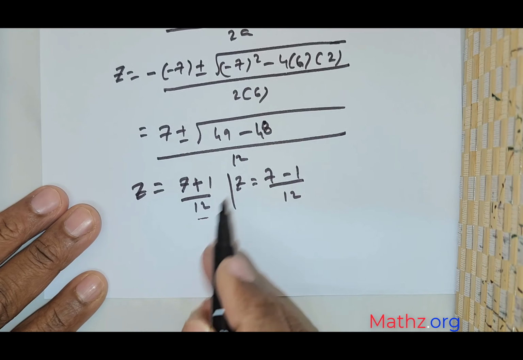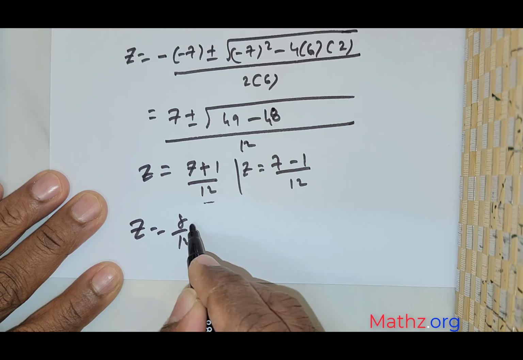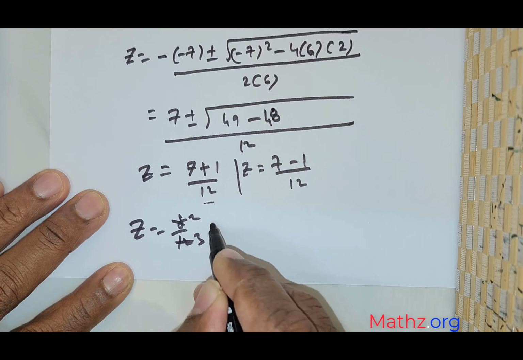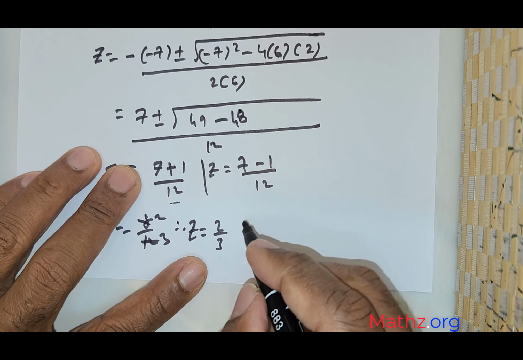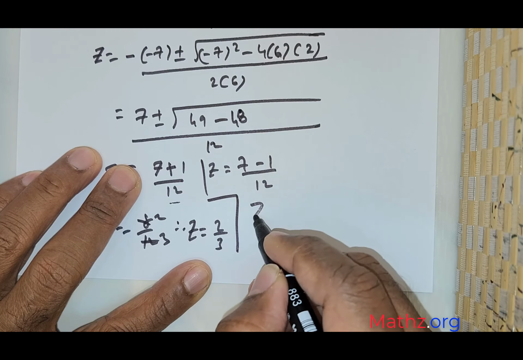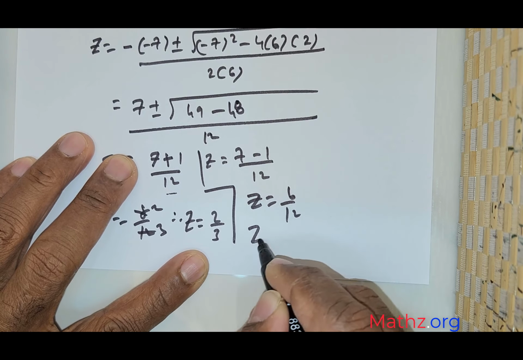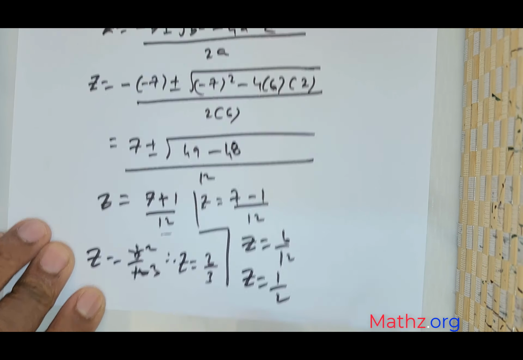So when z is equal to 8 over 12, 4 will divide here 2 times, 4 divides here 3 times. So z is equal to 2 over 3. And for this, z is equal to 6 over 12. So that means z is 1 over 2. So z is 1 over 2 and z is 2 over 3.